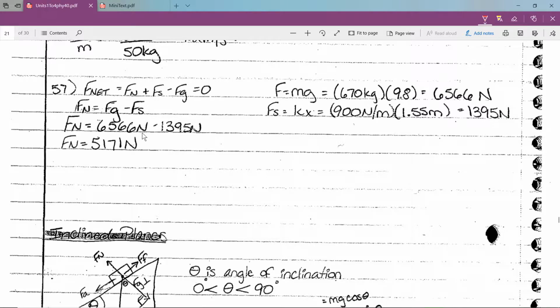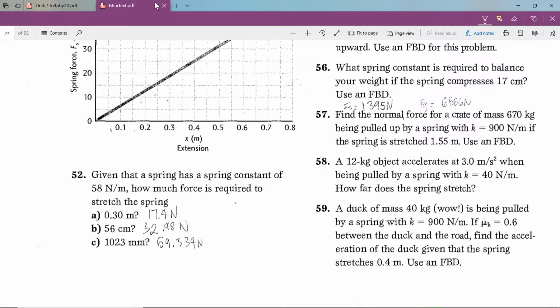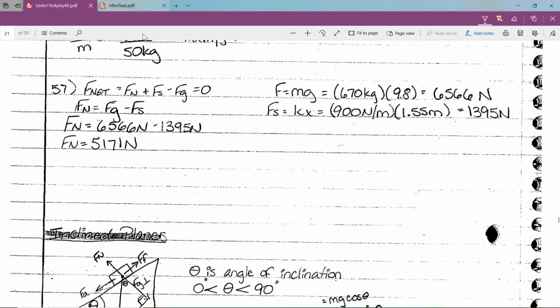Force of gravity was 670 kilograms times 9.8. Is that right? Okay, so we aren't talking about acceleration yet. We're assuming static equilibrium until we get more information.